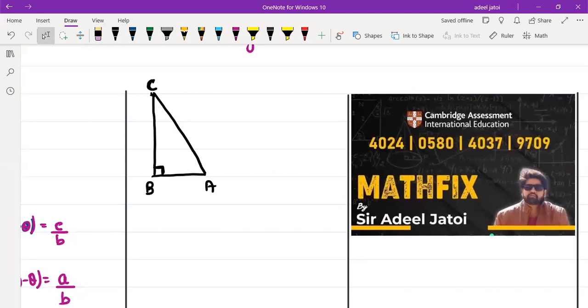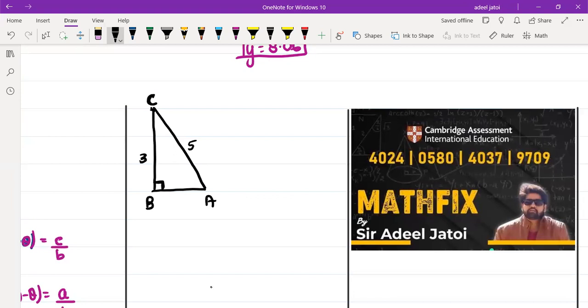In this question, one side is 3 and the other side is 5. So I know that side B, that means the 5, is the hypotenuse. But 3 depends upon what angle we need to find, because two sides are given here.